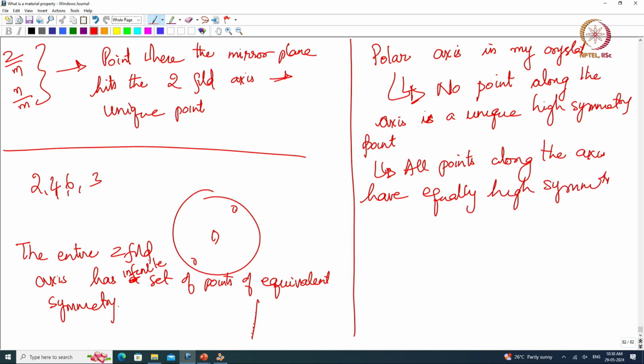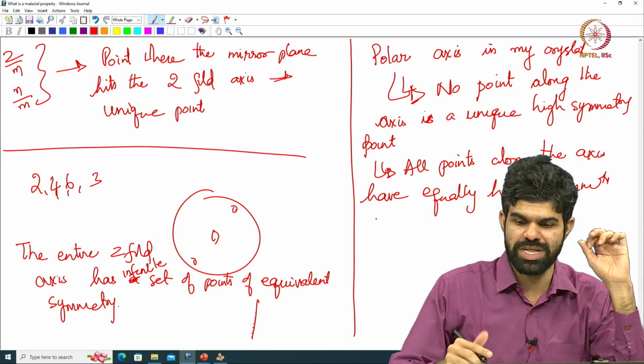I mean you could argue that this is not really a point group because I am not talking about one point, rather a set of points, but this actually is a point group indeed. Group theory does not forbid it from being called a point group. So, this is a point group, but I do not have a unique point, I have an infinite set of points along the line, and there are no special high symmetry points along this line.